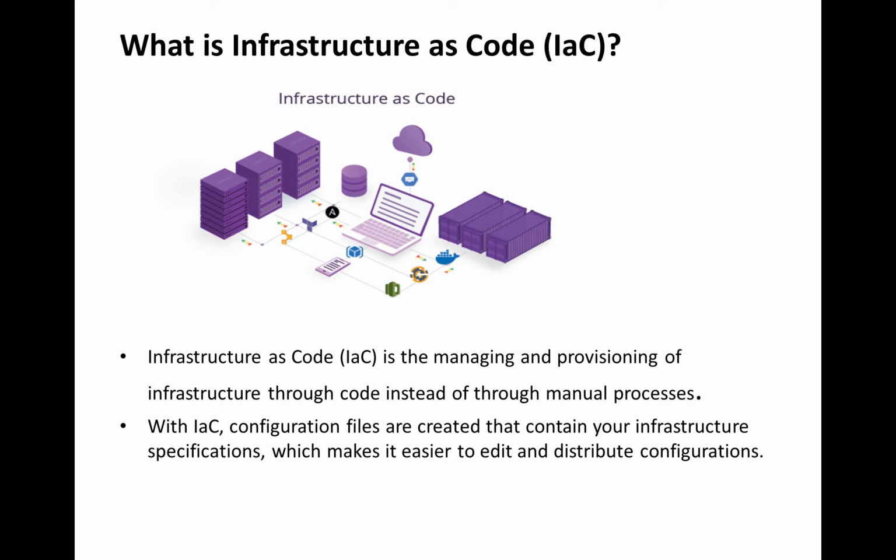You can write the script and write the code for all resources, all settings, and security of your infrastructure. With IaC, configuration files are created that contain your infrastructure specification, which makes it easier to edit and distribute configuration.